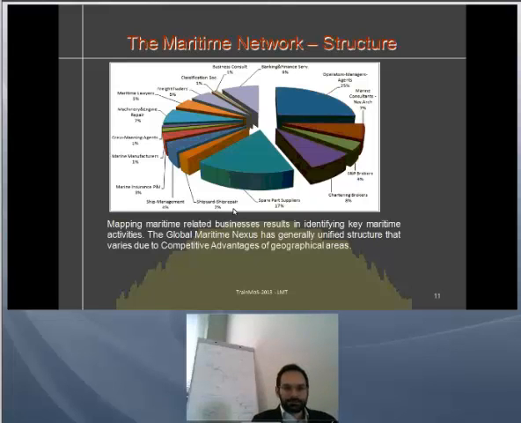Of course, this varies very much from country to country. For example, in Northern Europe, maritime clusters or networks have a strong presence of the offshore industry, or a very strong presence of special activities like dredging, or, for example, in London, they have a very strong presence of financial institutes and P&I clubs.